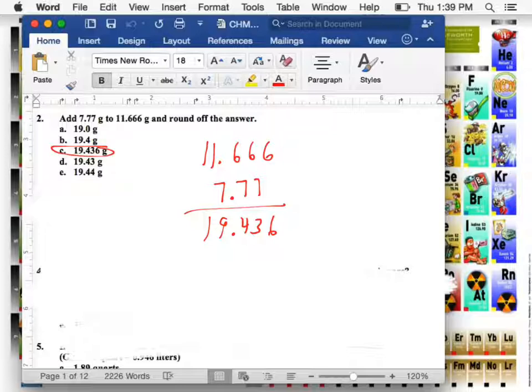No, safe place. Okay. So recognizing what the question is asking is going to be the important part here. What's it asking for? It's asking for sig figs. Because to round, you have to know what sig fig you're rounding to.